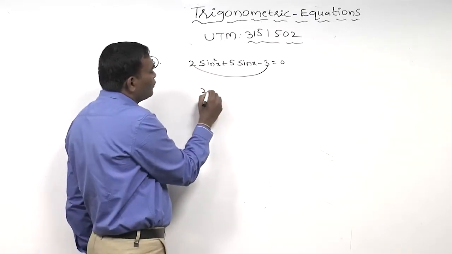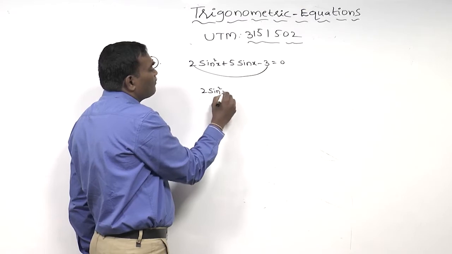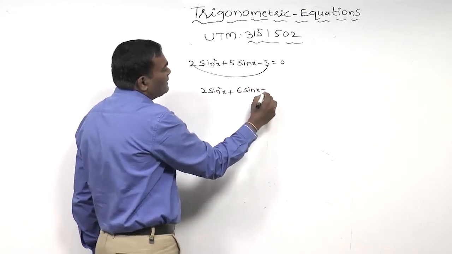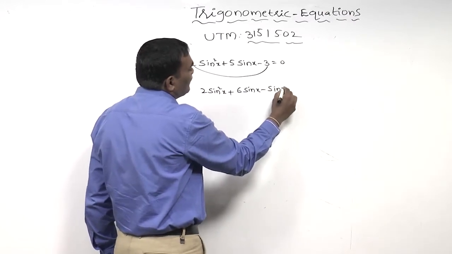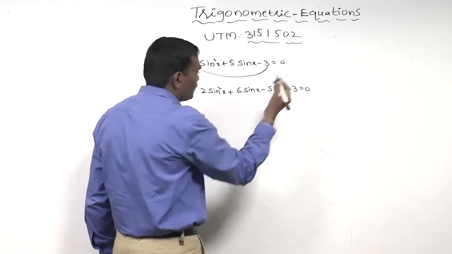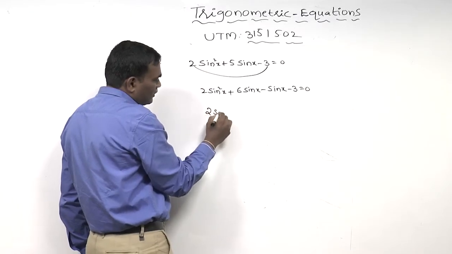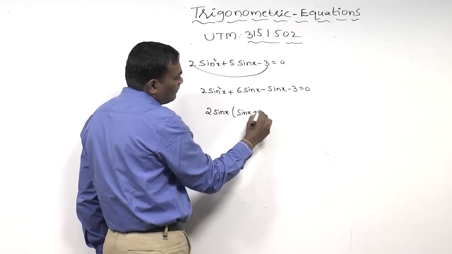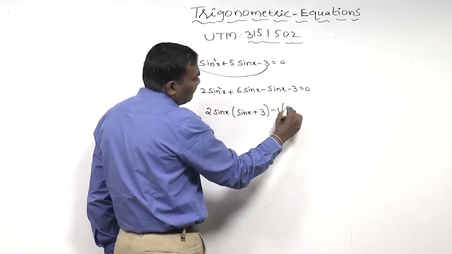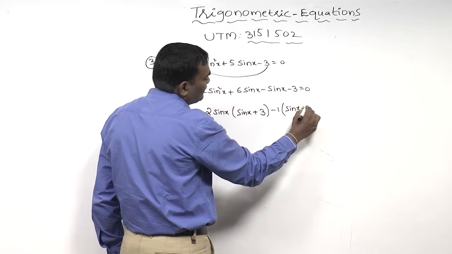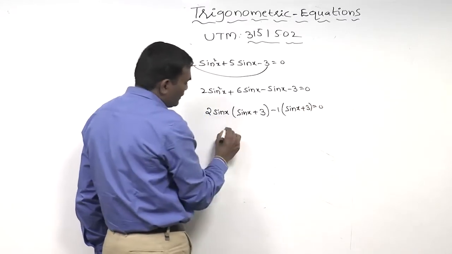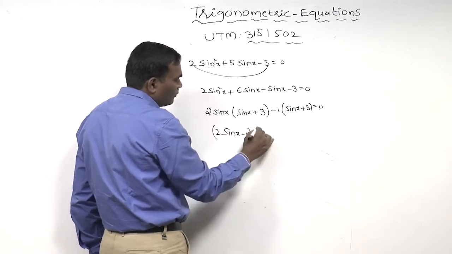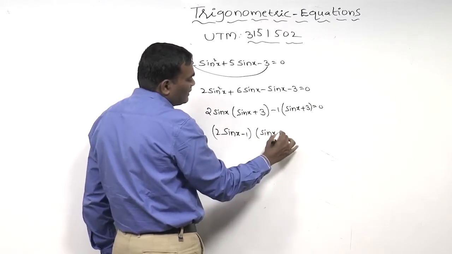So 2 sin²x + 6 sin x − sin x − 3 = 0. Factorize. Take what is common? 2 sin x common: sin x + 3, minus 1 common: sin x + 3 is equal to 0. So, (2 sin x − 1)(sin x + 3) = 0.